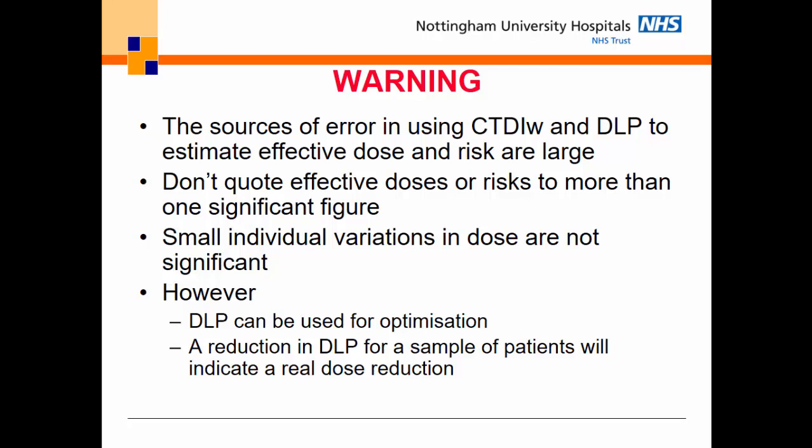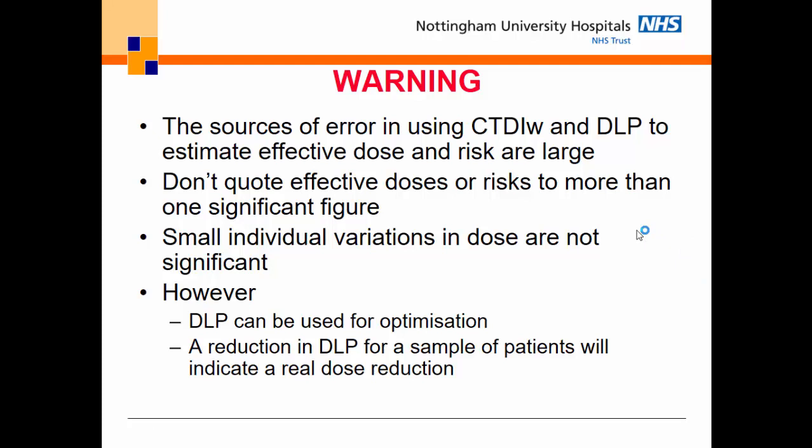So if, let's say, Siemens tell you their scanner's 5 millisieverts, okay, and Toshiba say theirs is 4.8, to me, those numbers are identical. Okay, the uncertainties in those calculations are so large, anything more than one figure is meaningless. Okay, so small individual variations in dose are not meaningful.